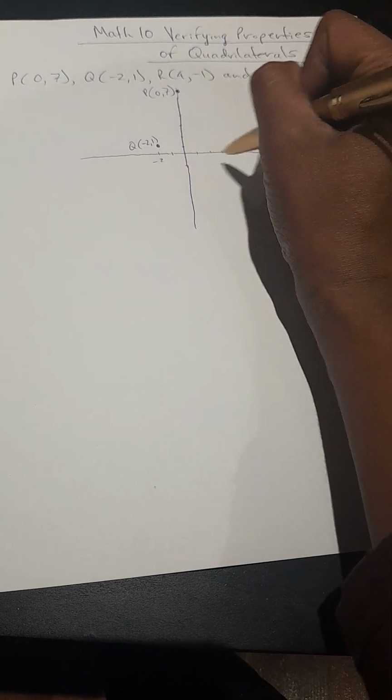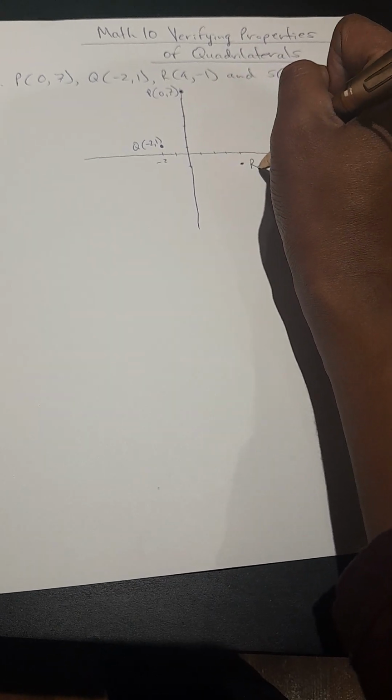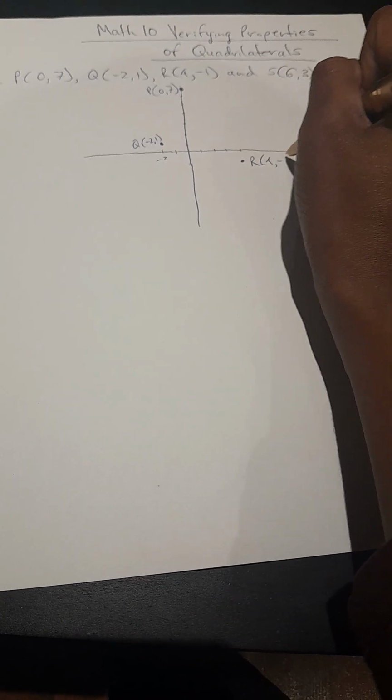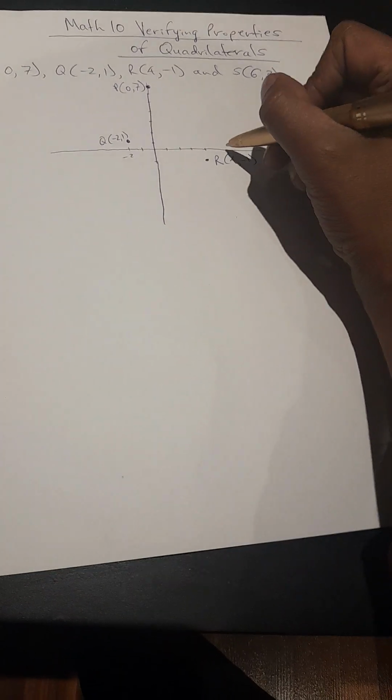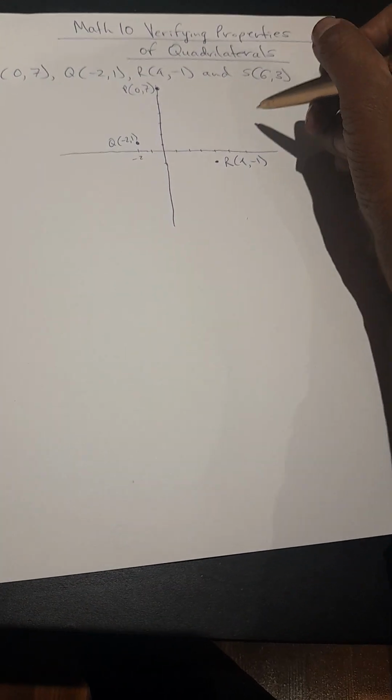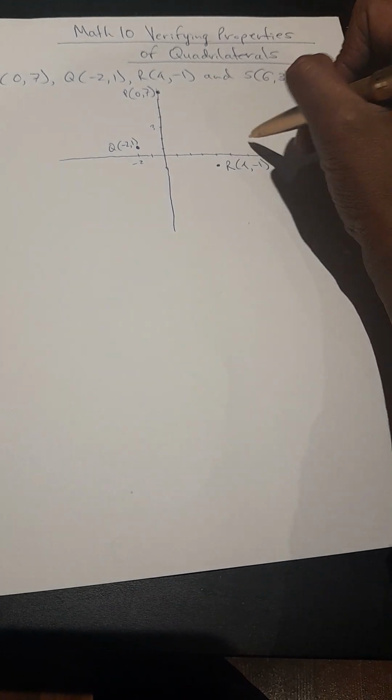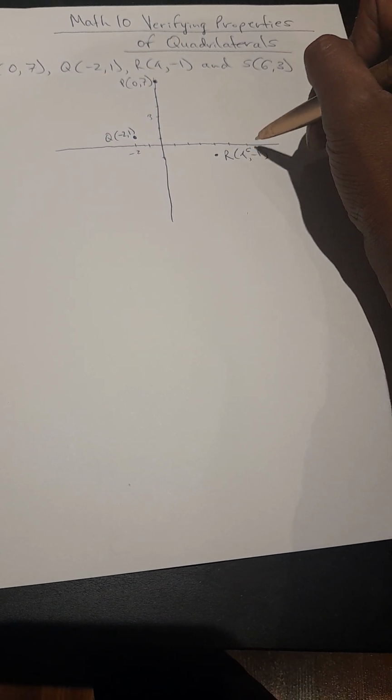R is 4 and -1, so this is R right here. And S is going to be 6 and +3. So 6 is right here.